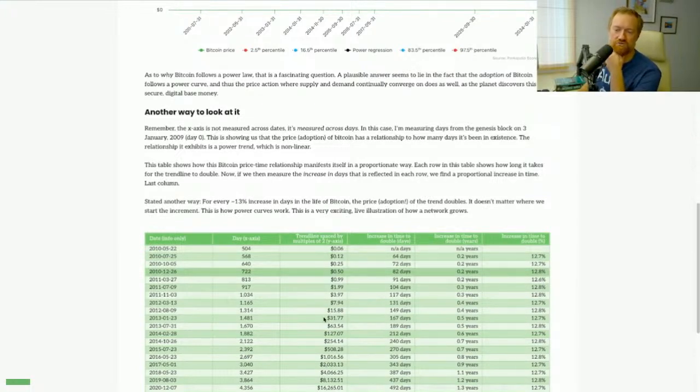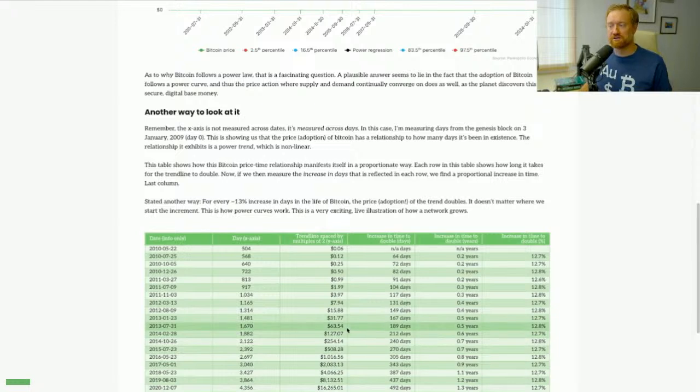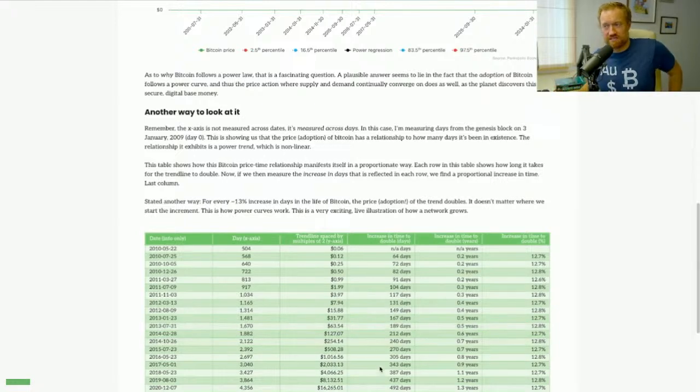It doubles over an increasing amount of days relative to the time that it's been in existence, but always proportionate to 12.7%. It doesn't matter where you pick it on the curve. You can see this very clearly on my website on this table. For every 12.7% increase in time of the life of Bitcoin, the curve doubles.